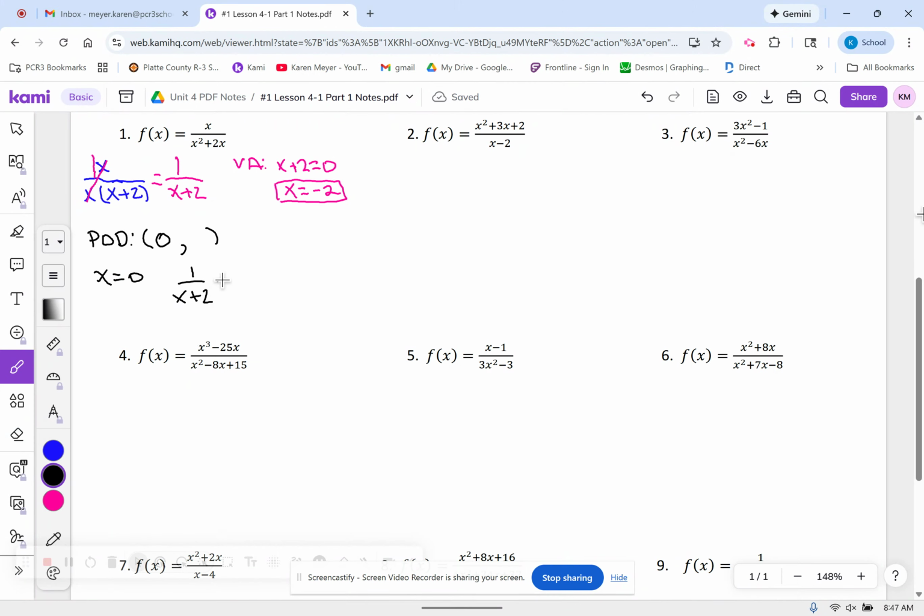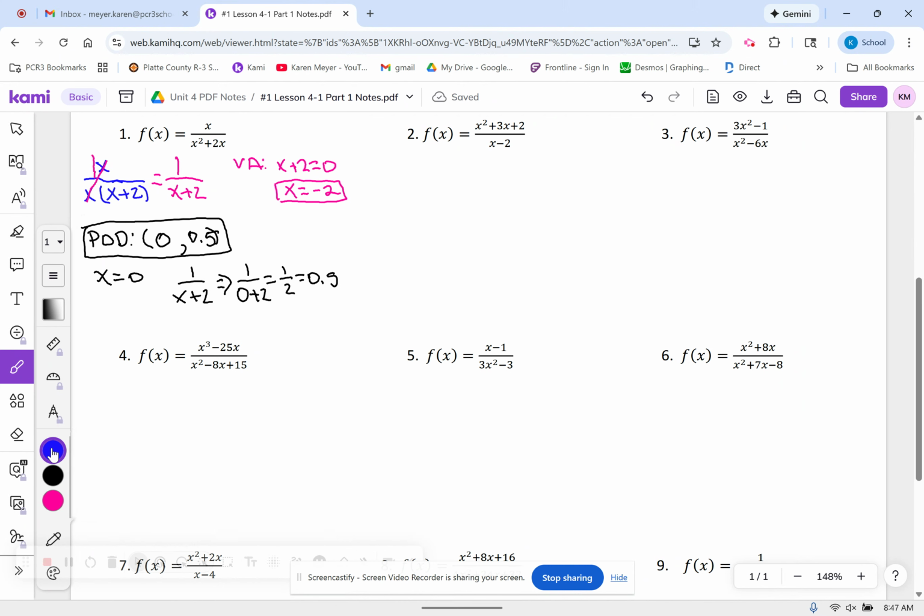And then we're going to plug in the 0 for the X, so I have 1 over 0 plus 2, which would give me 1 over 2, which is 0.5, or if you want to leave it as 1 over 2, that's fine. So the Y value is 0.5 or 1 over 2. And that's your POD done.